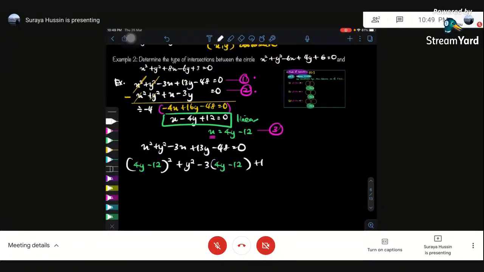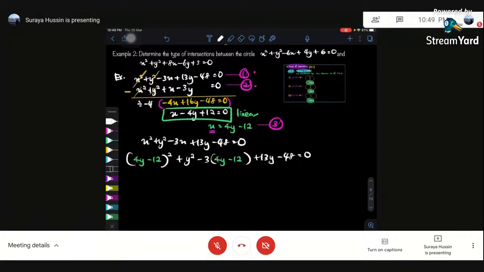And then plus 13Y minus 48 is equals to 0. So here you go. This is what I got.